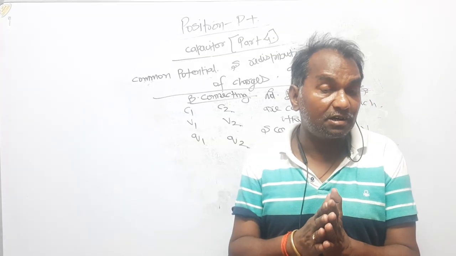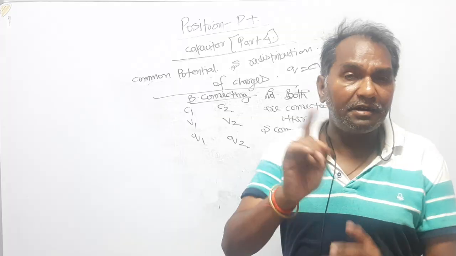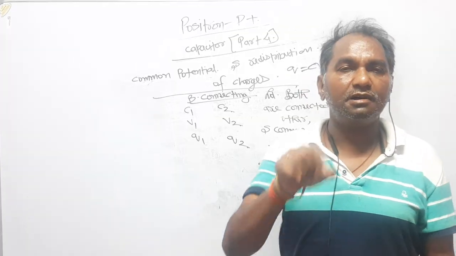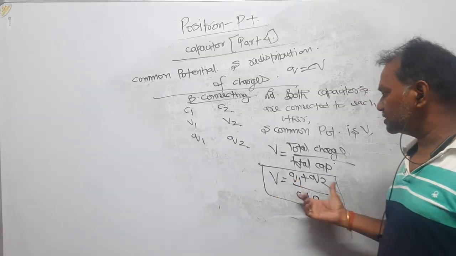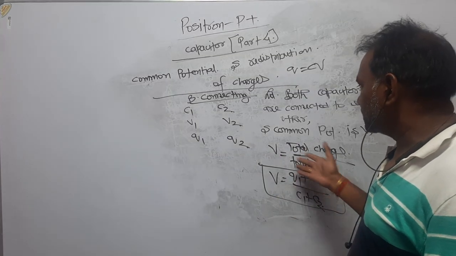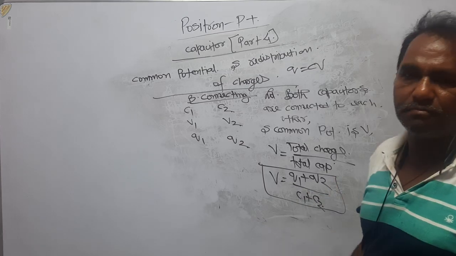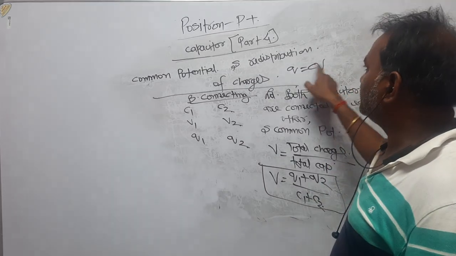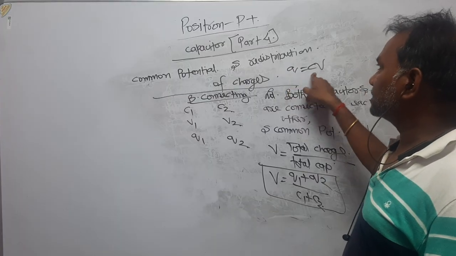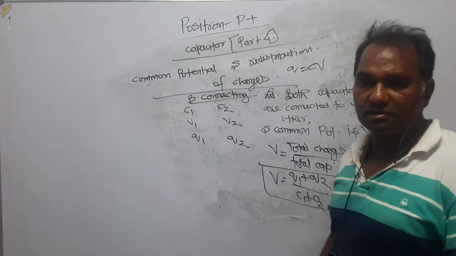The flow of charge will remain until both capacitors come to a common potential. Because Q is equal to CV, V is equal to Q upon C. Common potential means total charge divided by total capacitance, right?